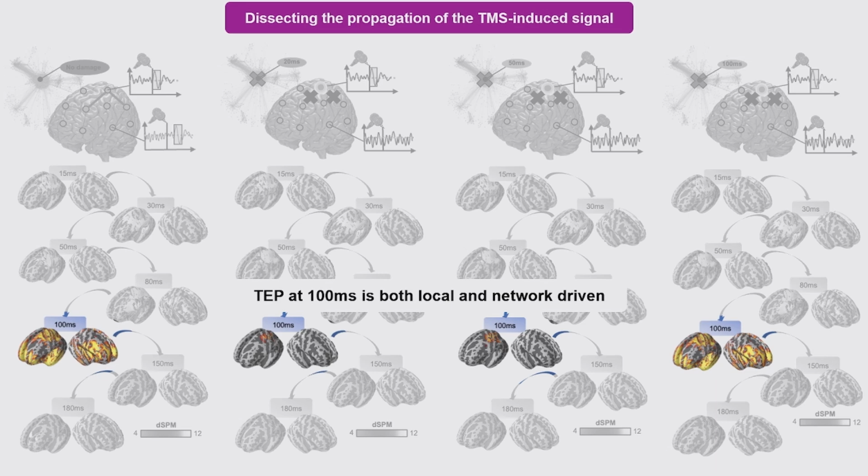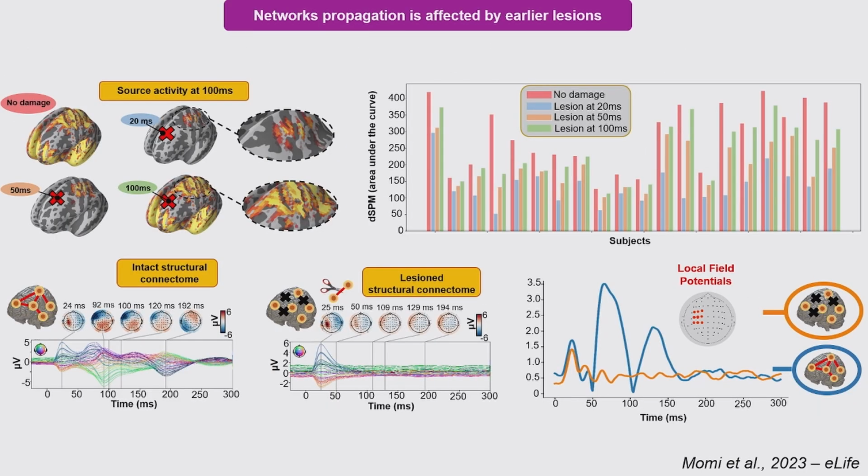This is just a recap of what happens. Basically, both time and space can shape the responses that we observe via TMS. And if we lesion the connectome, we observe what is similar to what I showed you before, a sleep-like wave where we have no responses, especially for the late component.